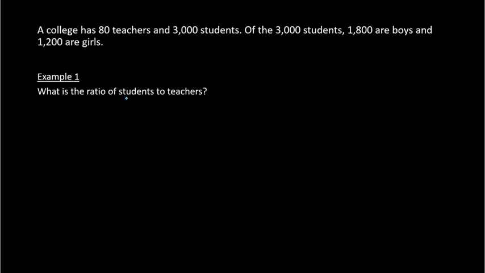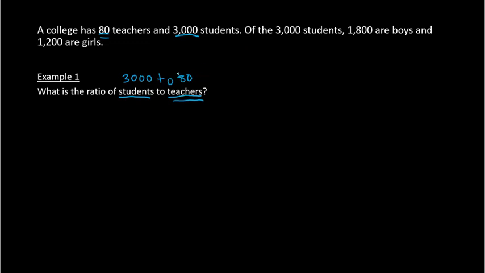Make sure we put this in the correct order. Students: we have 3,000 students. And teachers, we have 80. So the ratio would be 3,000 to 80.